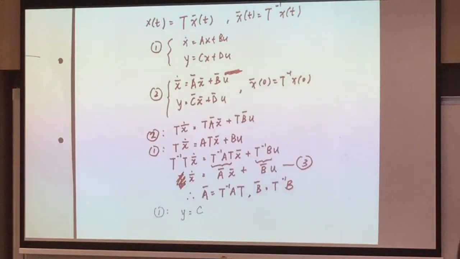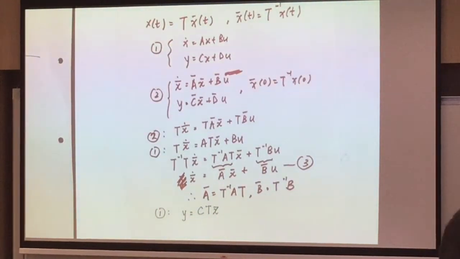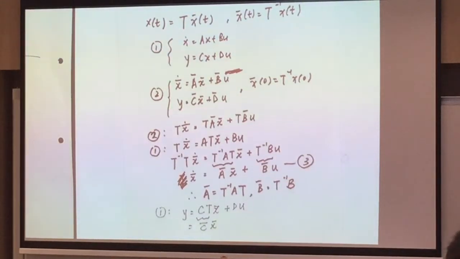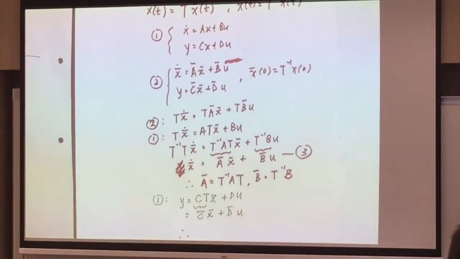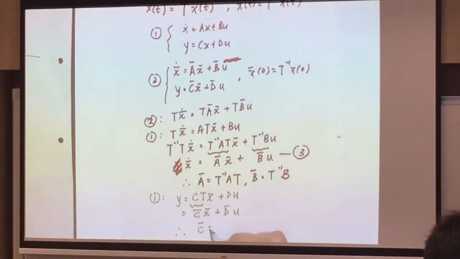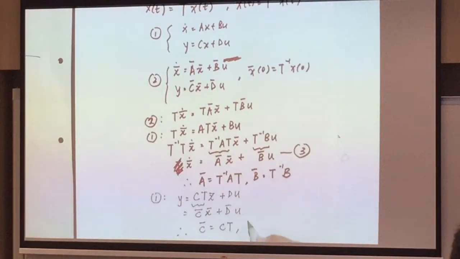What is x? X is T x bar, plus Du. So this is actually C bar x bar plus D bar u. So C bar is just CT and D bar is just D.